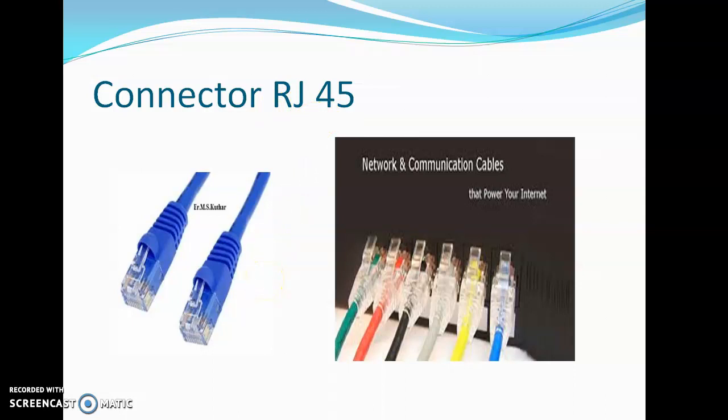When you have your LAN connection, if you want to connect a LAN cable to your laptop or your computer, you use this type of wire. This is an example of an RJ45 connector, normally used for connecting twisted pair cable to machines.